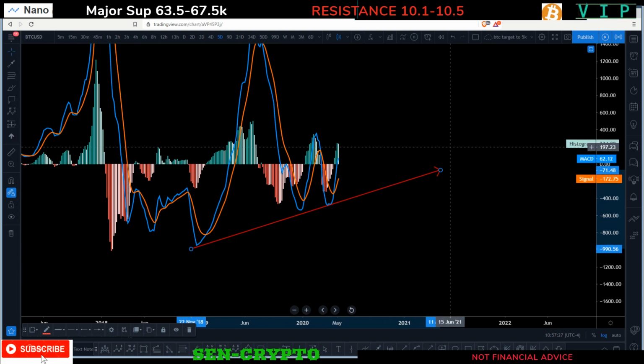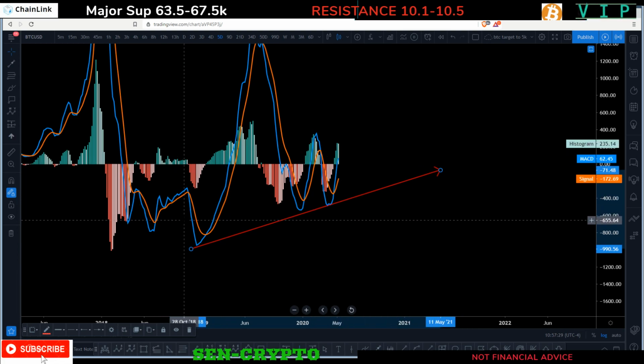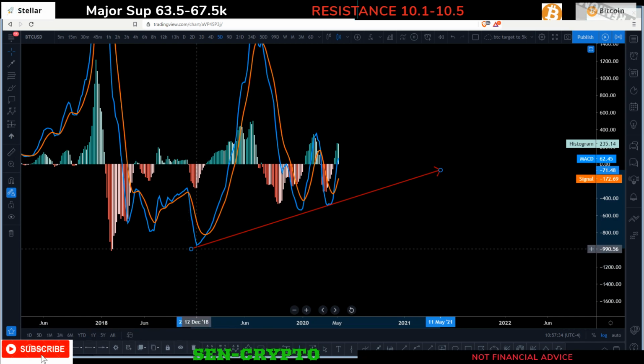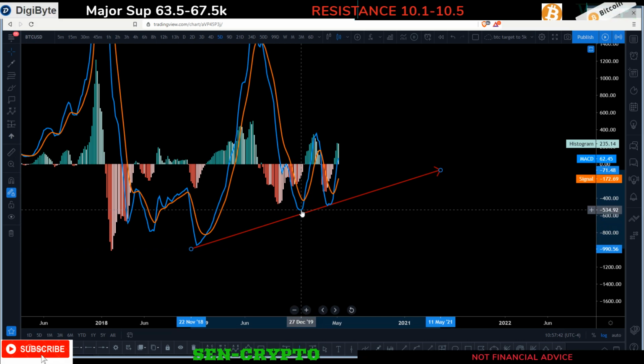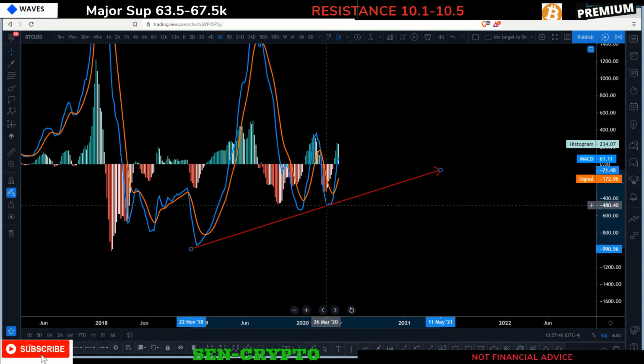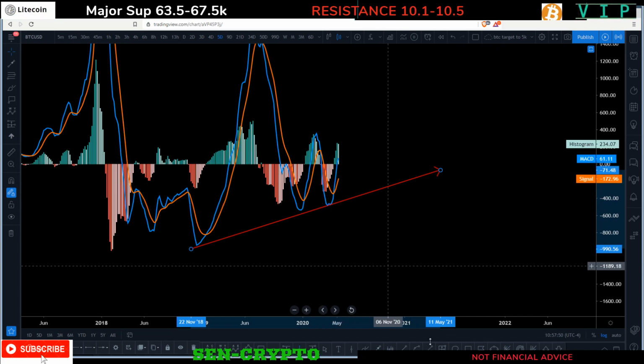It is pretty clean since basically December 2018, October 2018 actually. It is very, very crucial. We bottomed around December 15, 2018. We got another low around mid December 2019, and then another low around late March 2020. So it is very crucial.